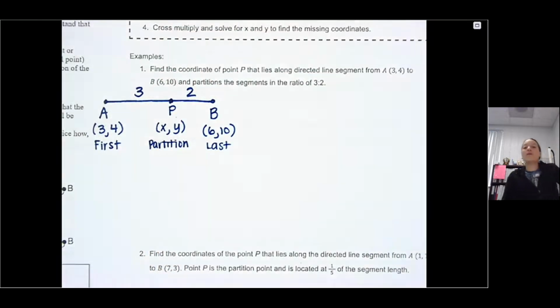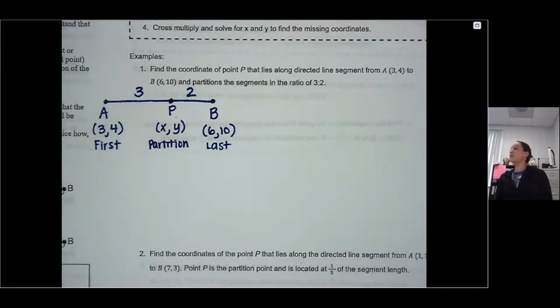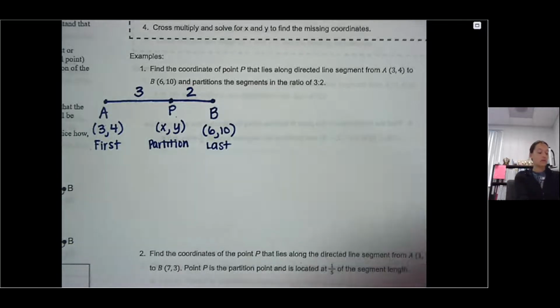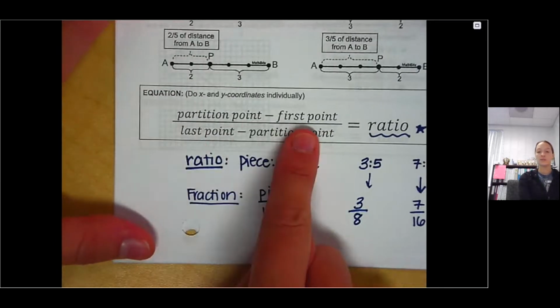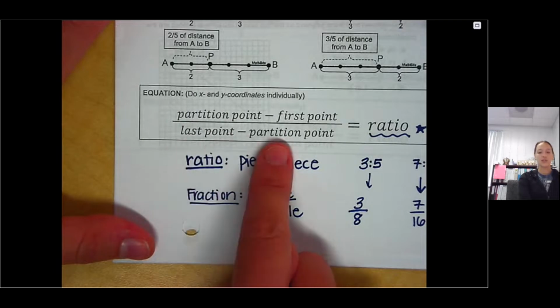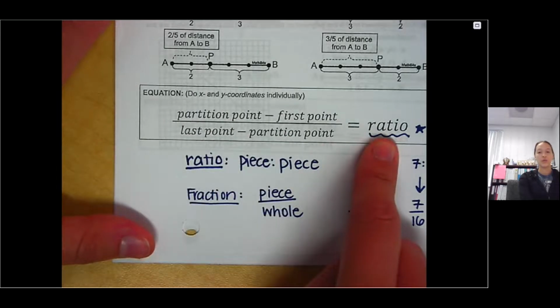And it's going to be really helpful to have them labeled, because once they're labeled, now I can just plug the numbers into the equation. So the equation that I gave you, that you're going to have to memorize, was partition point minus the first, last minus partition is equal to the ratio.